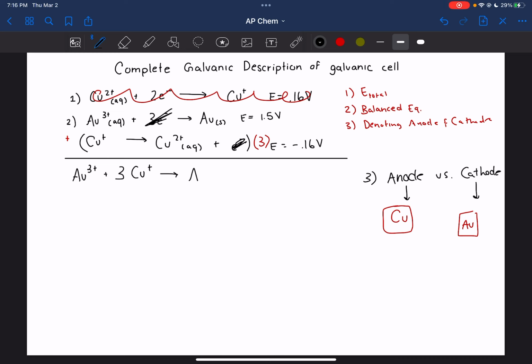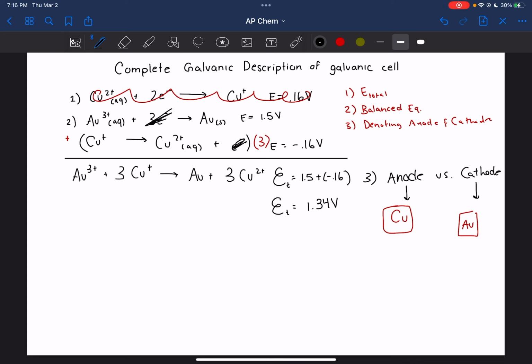Then you have Au plus 3 times Cu2 plus, and your standard reduction potential, the total, would be 1.5 plus negative 0.16 to give you a value of E total equals 1.34 volts. And that would be your answer.